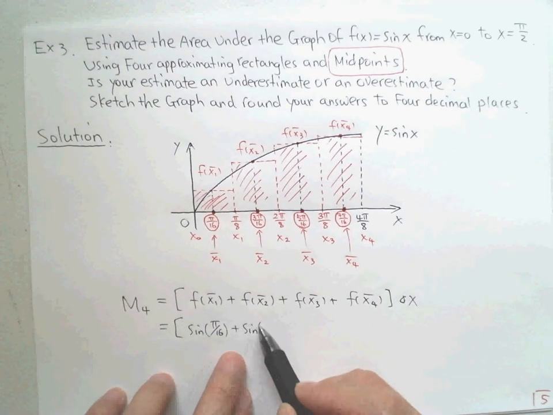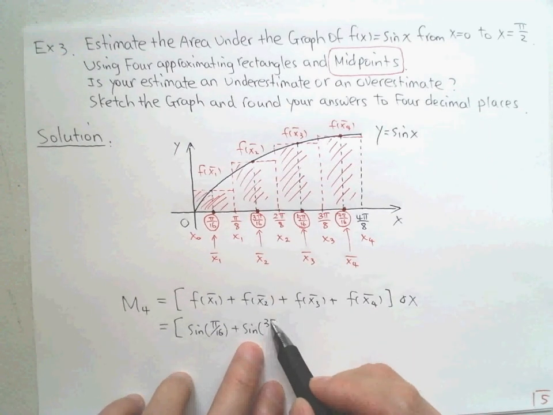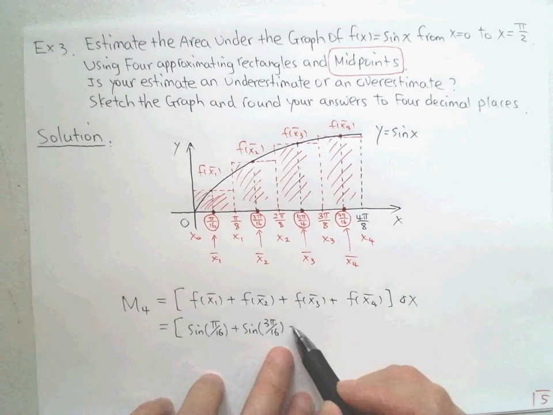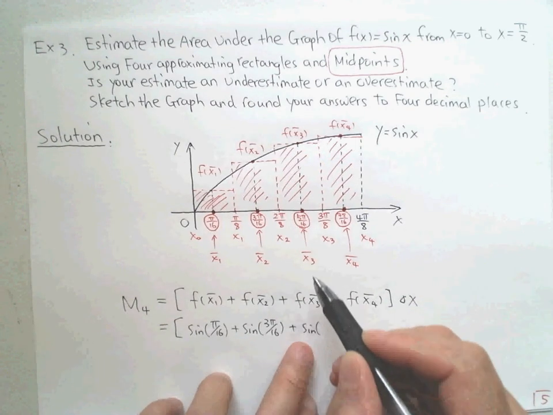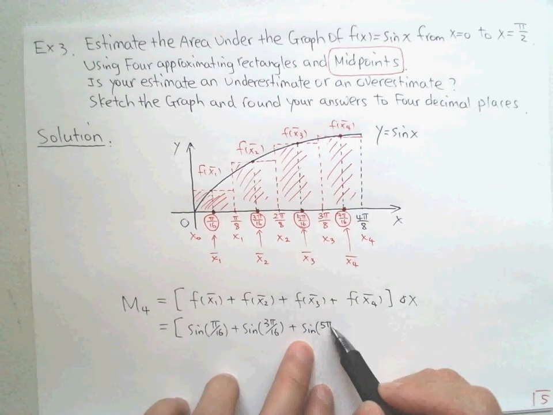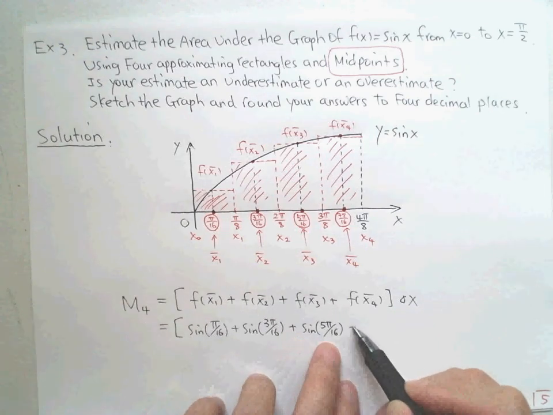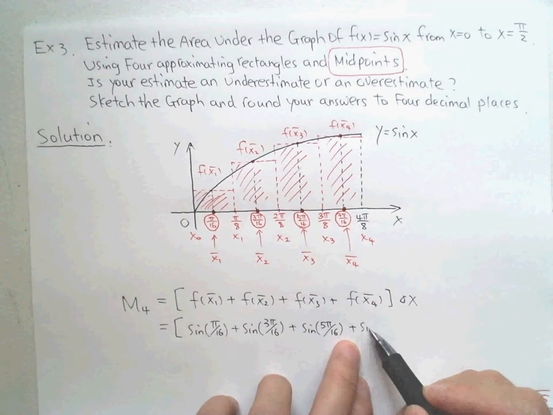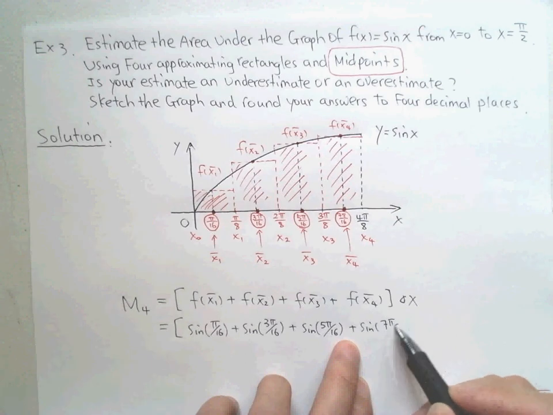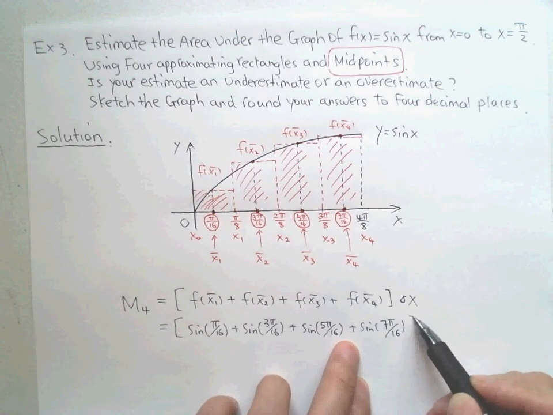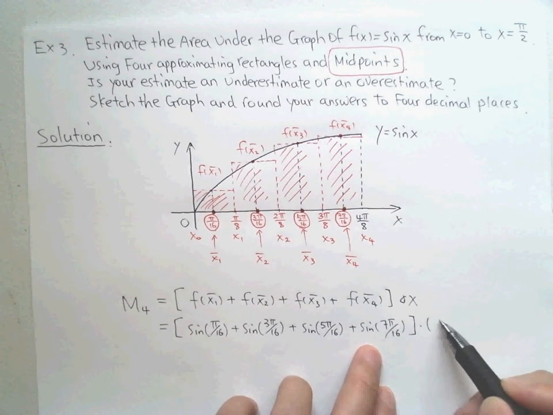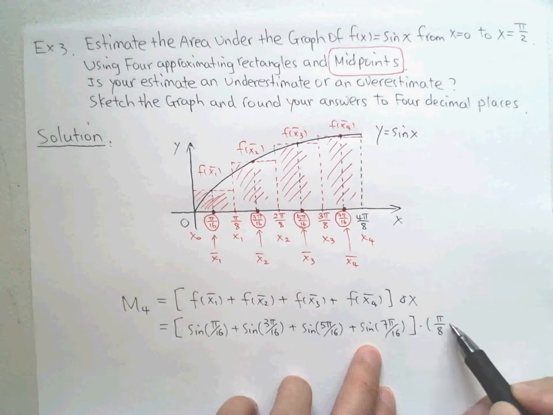The second is the function at 3 pi over 16, plus sine 5 pi over 16, 7 pi over 16, times delta x, which is pi over 8.